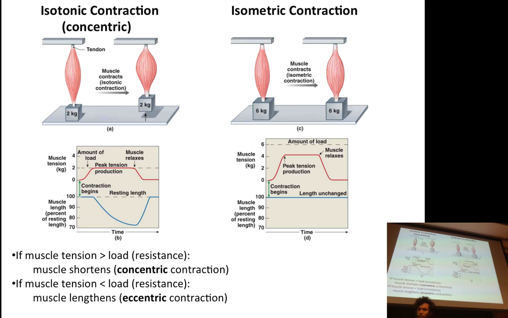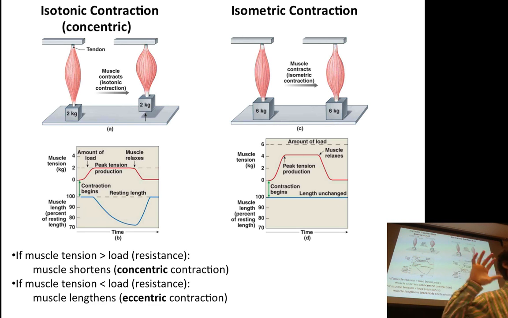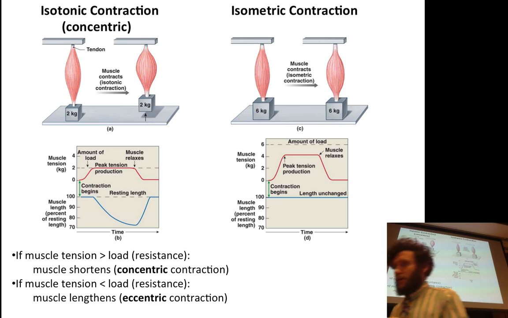Okay, the types of contraction. There's two types of contraction, and this is just totally physics, macroscopic contraction mechanics. There's isotonic contraction and isometric contraction. So an isotonic contraction is a contraction where the tension is the same, the muscle tone is the same throughout the contraction.